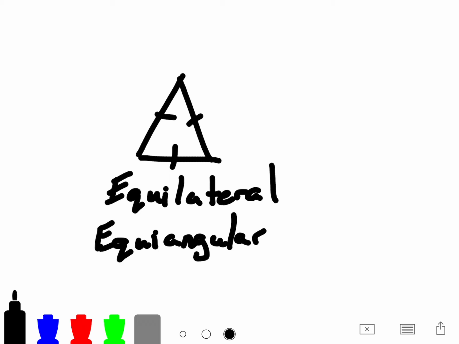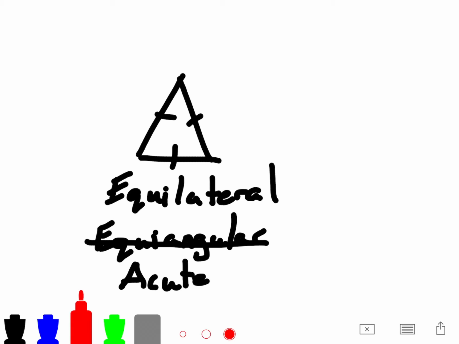I apologize for my handwriting. Hopefully you can make out the chicken scratch, but it is equilateral and equiangular, and it's acute. So all 3 of those things, you don't really need equiangular. That's not one of our classifications based on the book, but I just wanted you to know that if the sides are all the same, then we know that the angles are all the same.